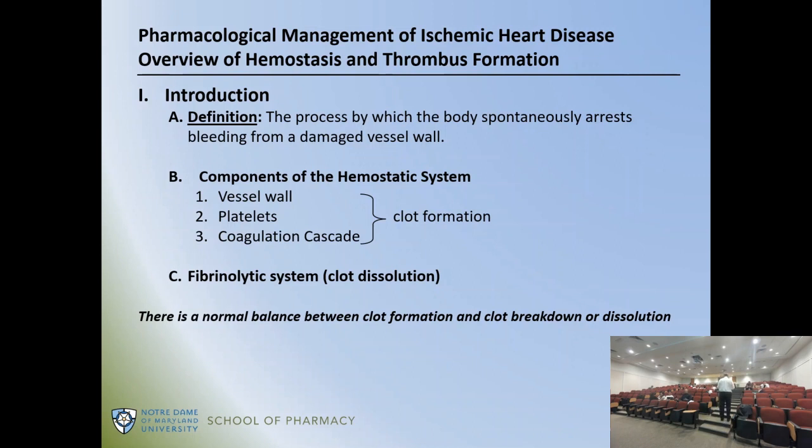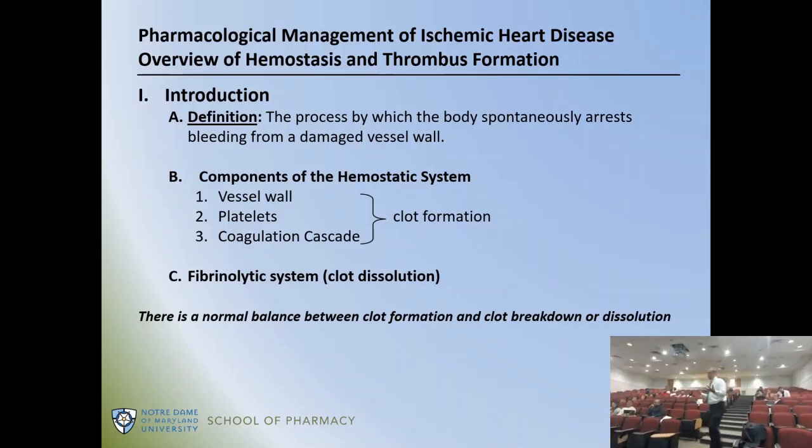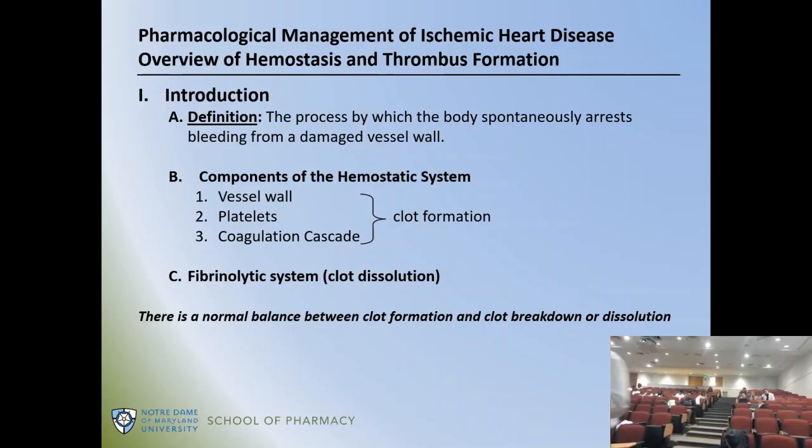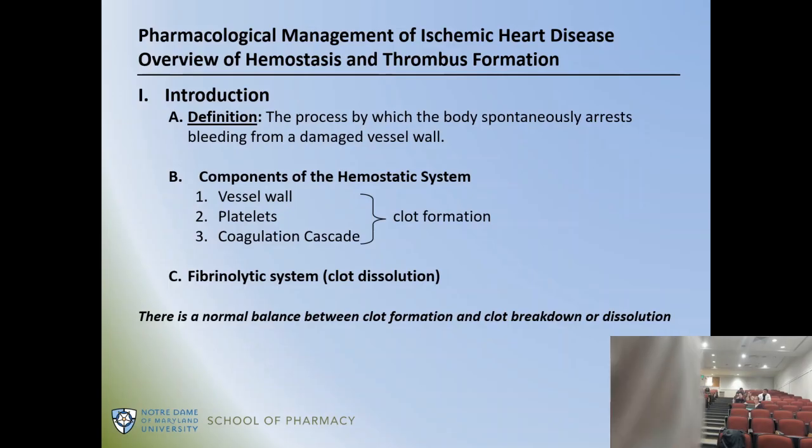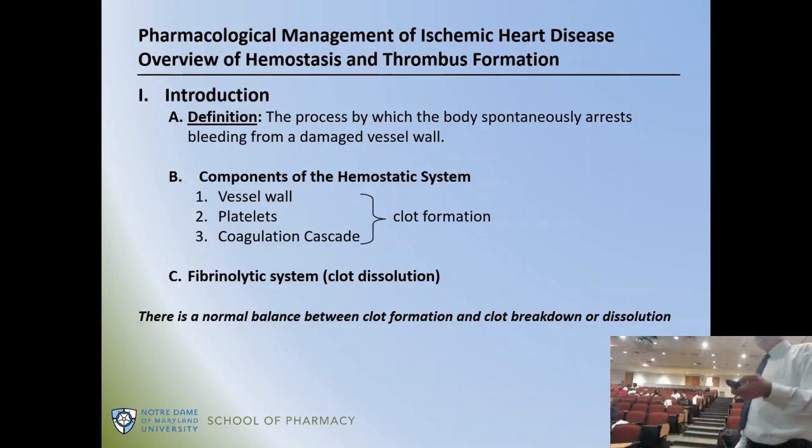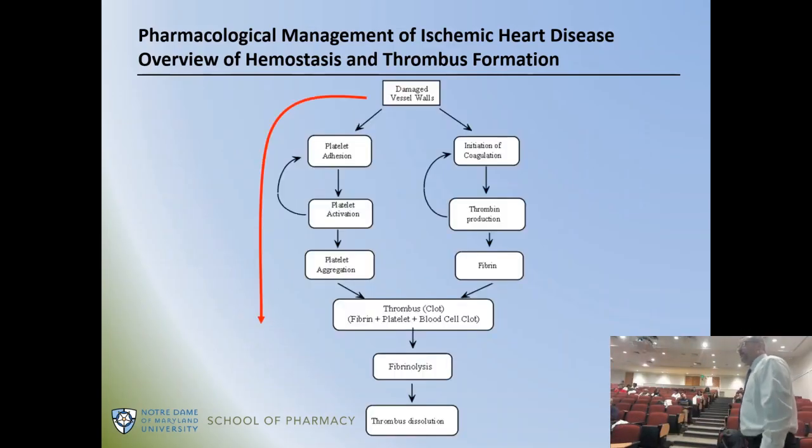But if they form in places where they shouldn't, i.e. on the inside of blood vessels, they can occlude or block blood vessels and prevent blood flow to certain parts of the body or certain regions of the heart. Okay? But normally there's a natural balance between clot formation and clot breakdown. We can use drugs to kind of disrupt this balance and achieve the outcomes that we want from a mechanistic standpoint. Okay? All right.